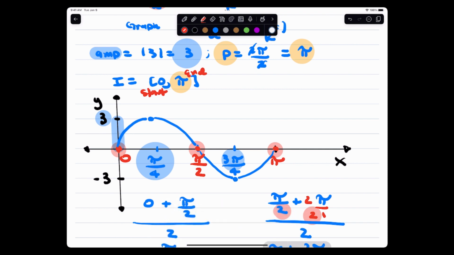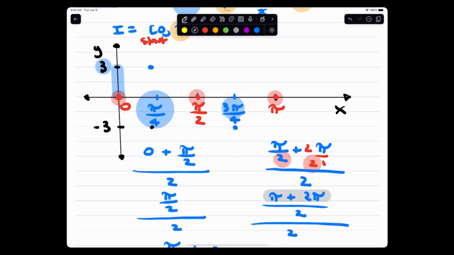So what that means now, ladies and gentlemen, is you're really going to have this curve here. You start at 0, you get the minimum, go back to the x-axis, you get the maximum, you're back to the x-axis, and now, here you go. That's the curve they're talking about.